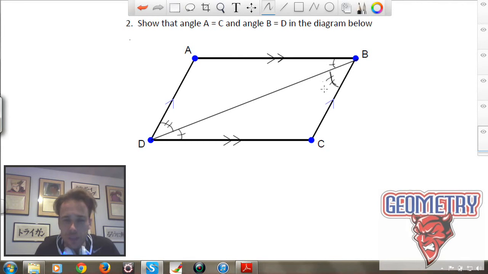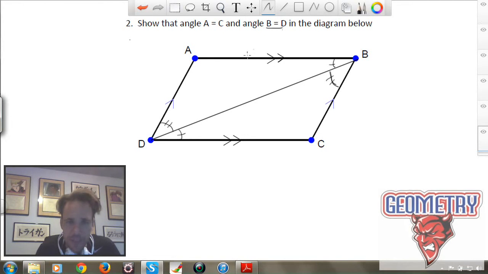So these two angles added together has to be the same as these two angles together. No matter what their individual numbers are, these two are the same as these two, so when you add them together, they have to be the same as well, thus making the entire angle B the same as the entire angle D.